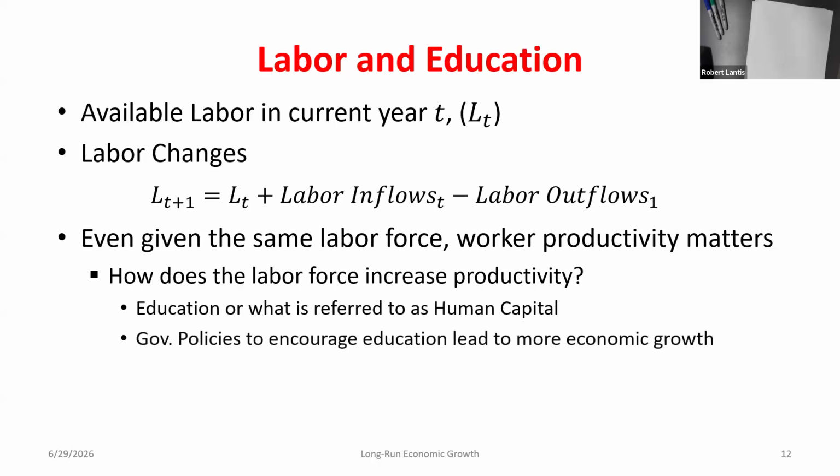It doesn't have to necessarily be the individuals. The government might enact policies that make it more likely people want to improve their education. So maybe giving subsidies, Pell grants, all these other policies that the government puts in place.